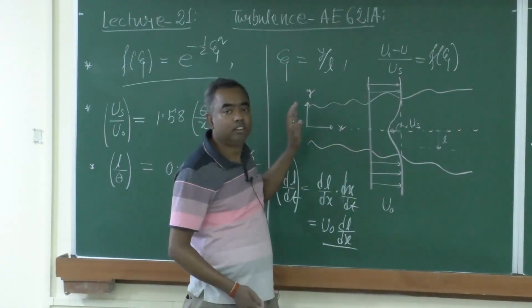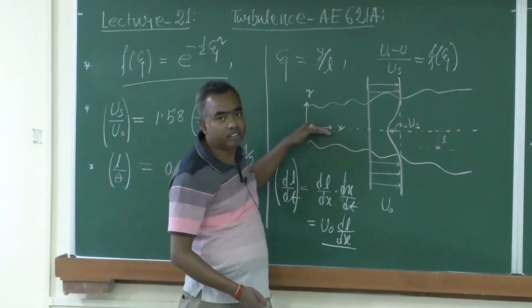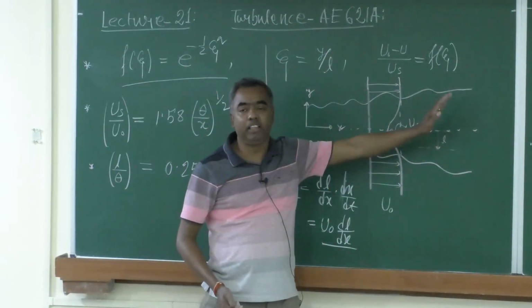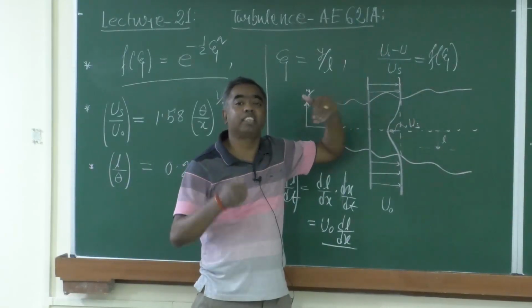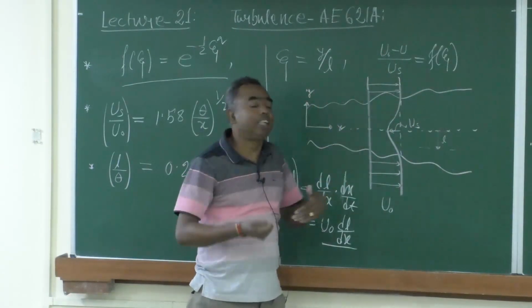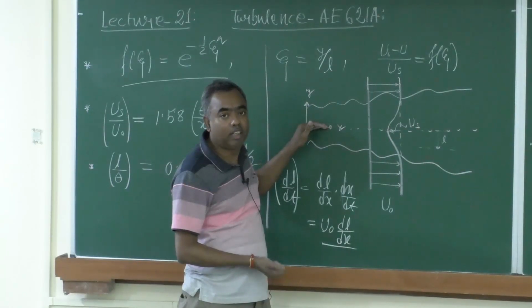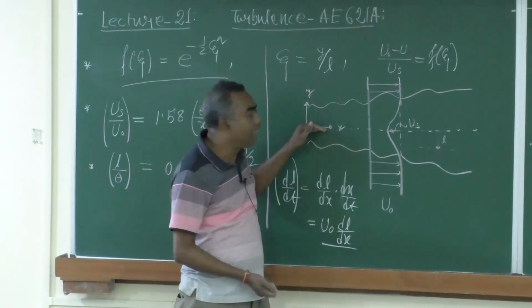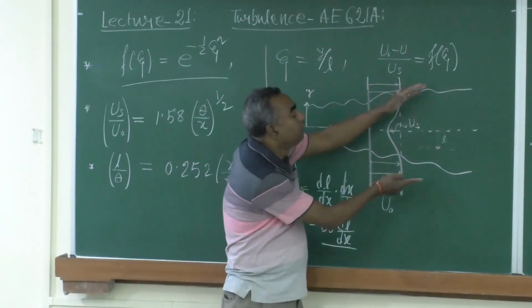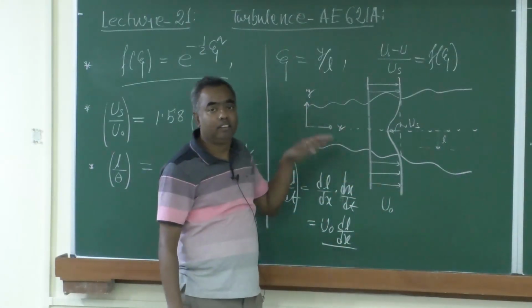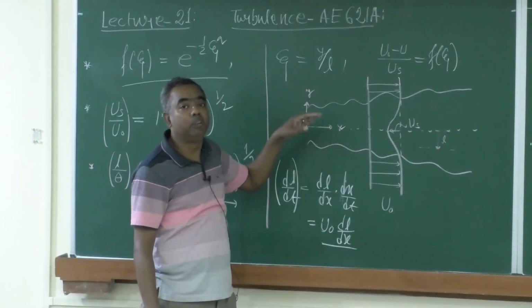It quickly generates, but the development time scale is much larger, almost twice the time scale at which turbulence is generated at that particular point. As a result, this wake is slowly developing.